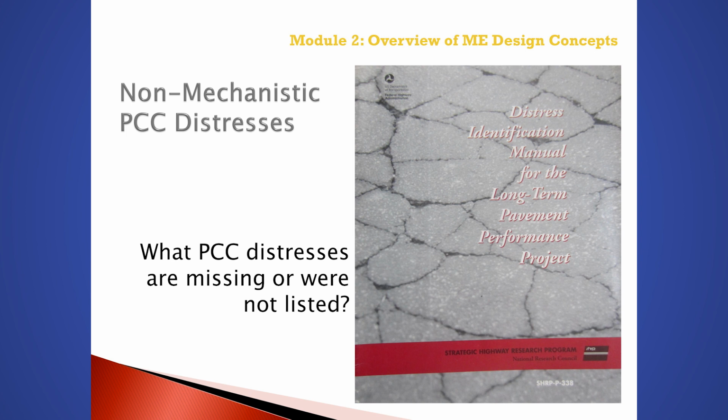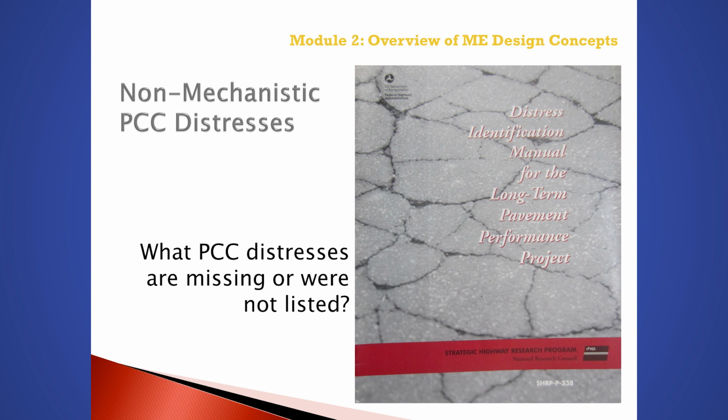Some of the other Portland cement concrete distresses include spalling, map cracking and/or scaling, pumping of fines, and blow-ups in CRCP.